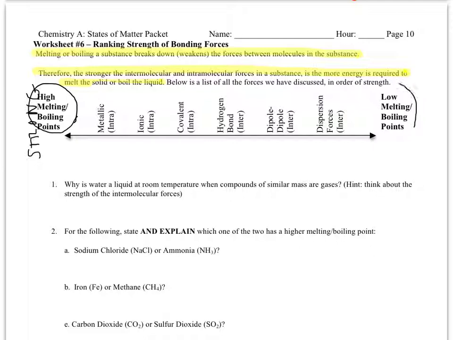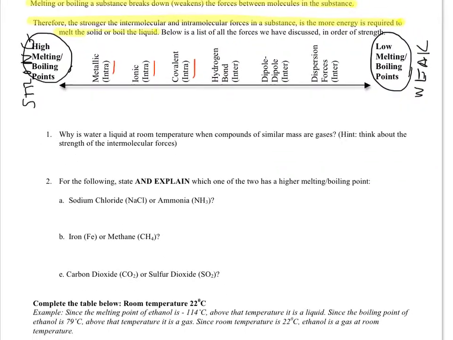And over here are the lowest melting and boiling points, so these are relatively weaker forces. Okay, so if we start, first of all, we need to keep in mind that the very strongest are going to be all the intramolecular forces. Right? And I think if I scoot this, I can actually write a little bit better.